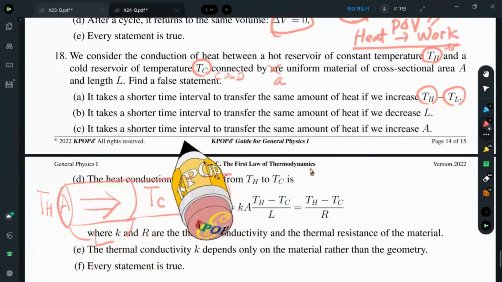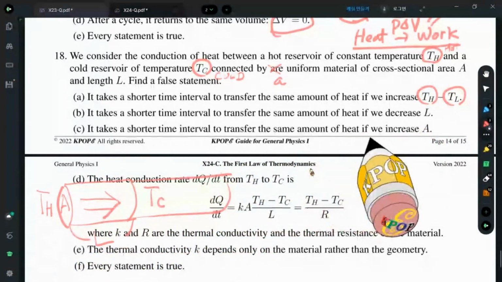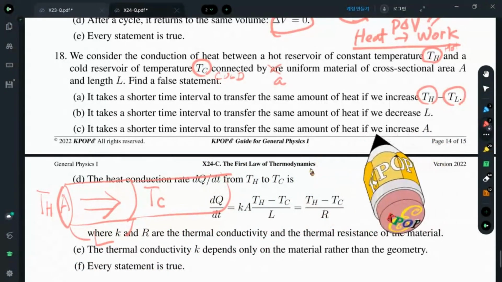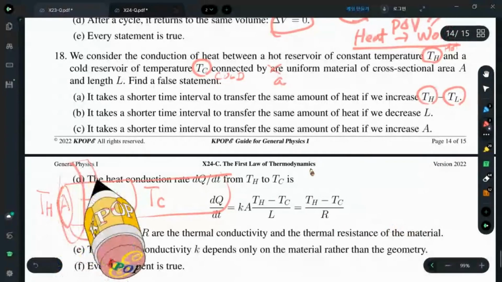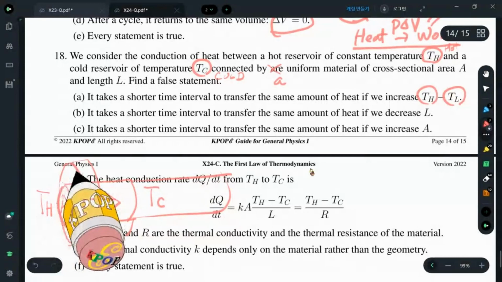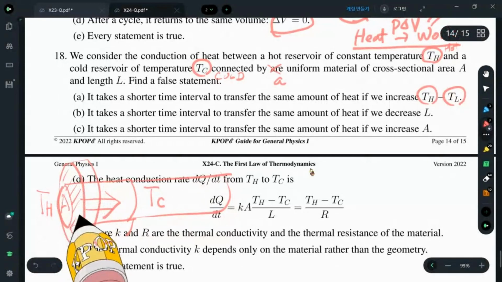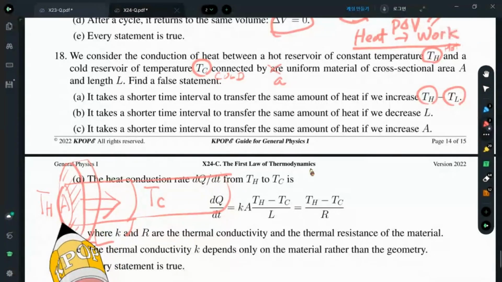It takes a shorter time interval to transfer the same amount of heat if we increase A. Yes, right. That's the reason why we increase the cross-sectional area of a radiator.